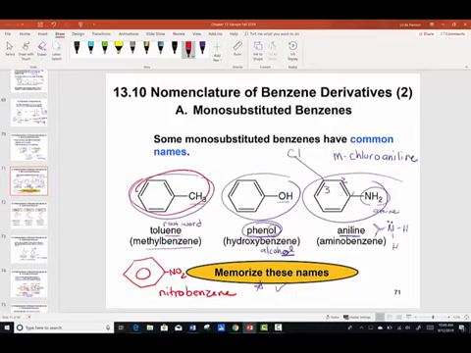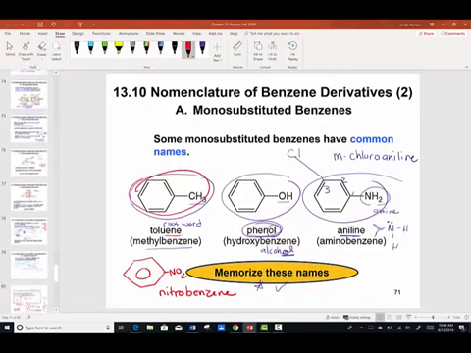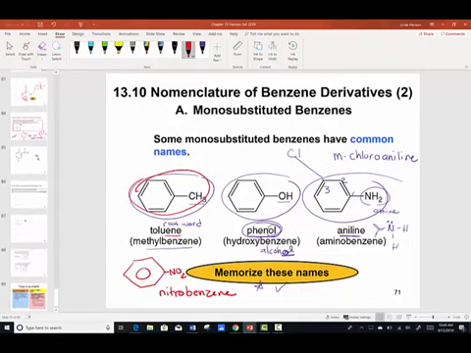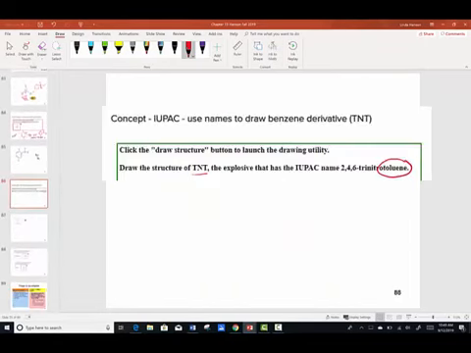Toluene is methylbenzene. So when I see toluene as the base of my root word here, I can begin drawing this with my 6 carbons, alternate double, single, and I have a methyl group. This part is the beginning of that structure when I see the name toluene.